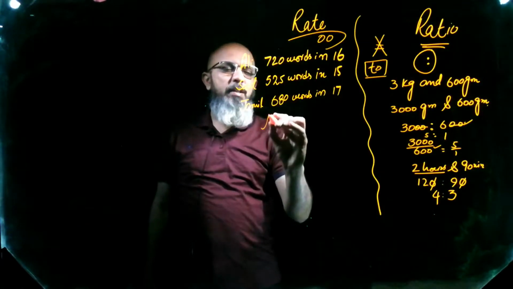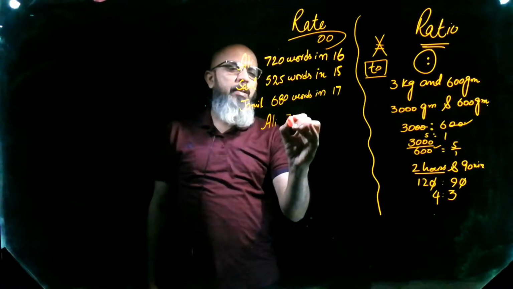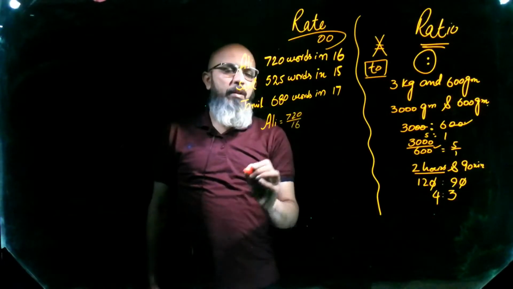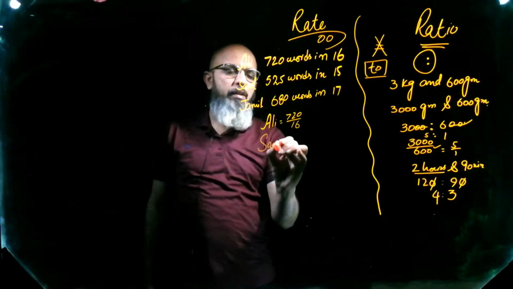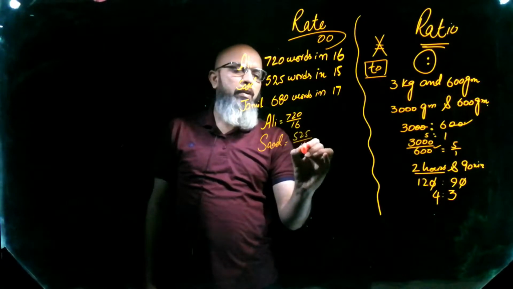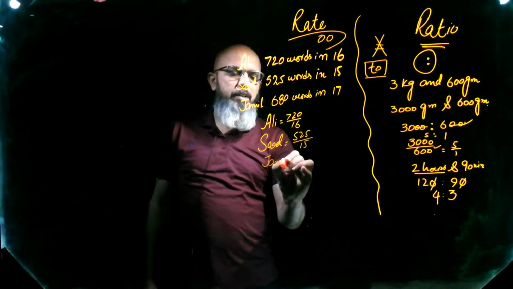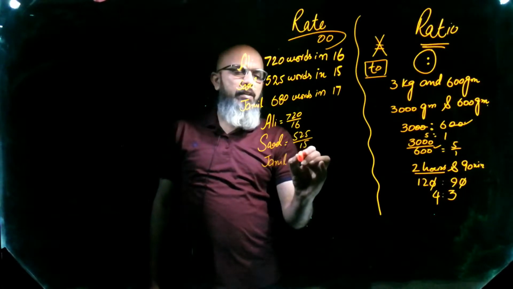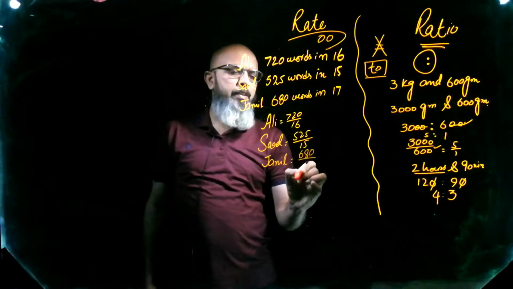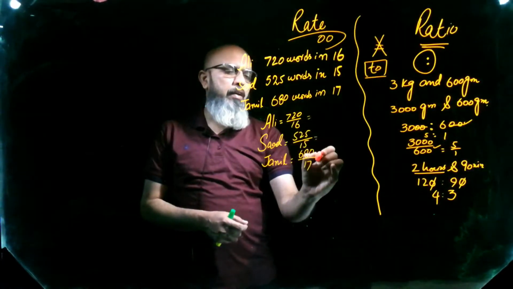So Ali's rate is 720 divided by 16. Saad's speed is 525 over 15, and Jameel's rate is 680 divided by 17.